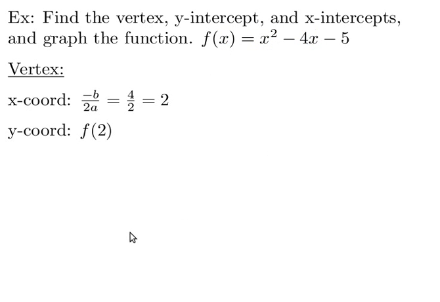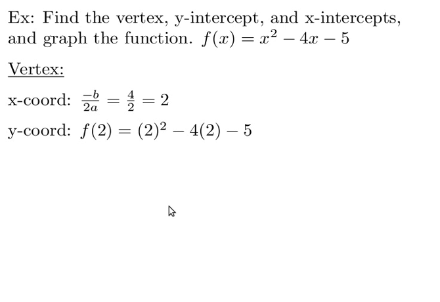So f of 2 equals 2 squared. Let's put that in parentheses. Whenever I'm putting something in for x, I often like to put it in parentheses. That way there's less room for mistake. So minus 4 times 2 minus 5.